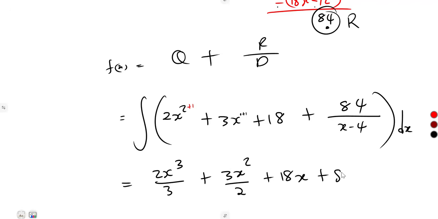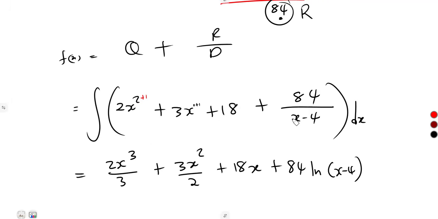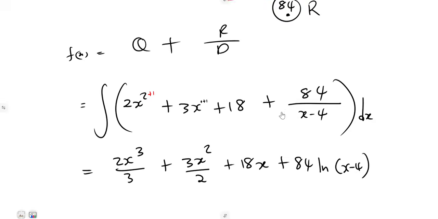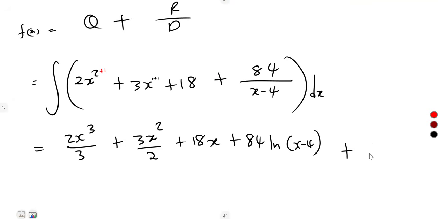Plus 84, and 1 over this is going to give us a ln of that bracket. We are not having any number here like a 2 or a 3, it's just a 1. So when it is a 1, do not worry, just rewrite as it is, the ln of that. Plus the constant of integration.